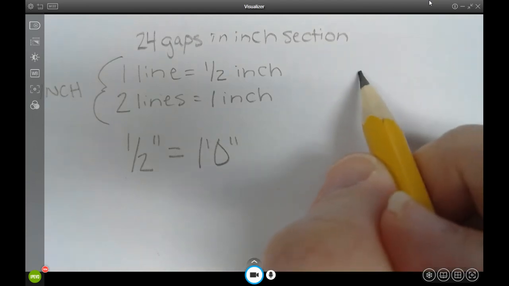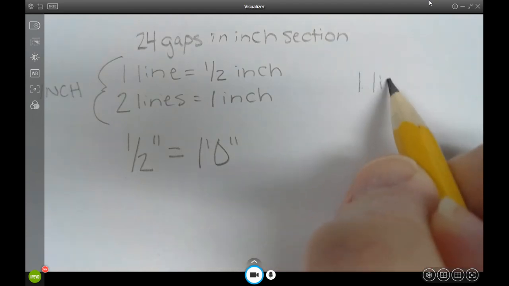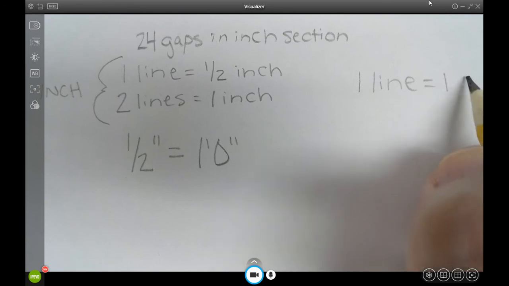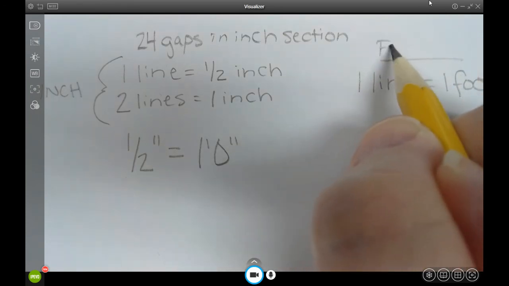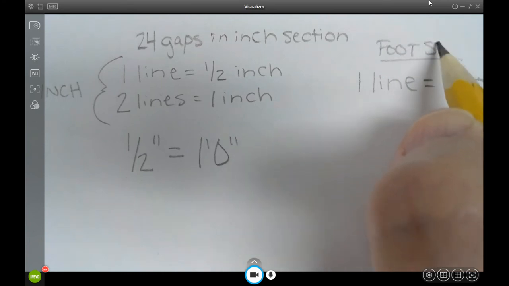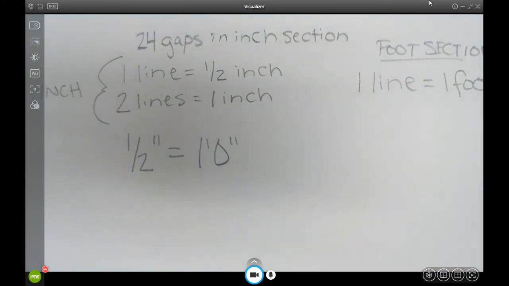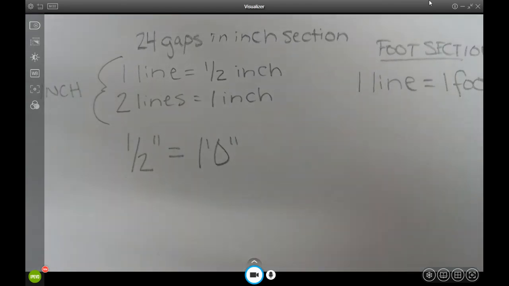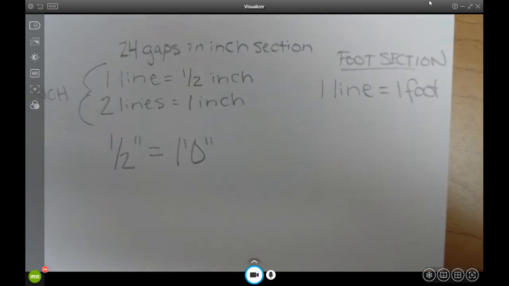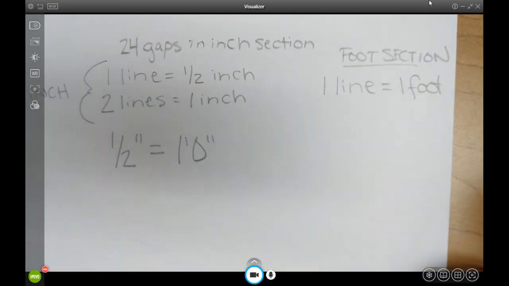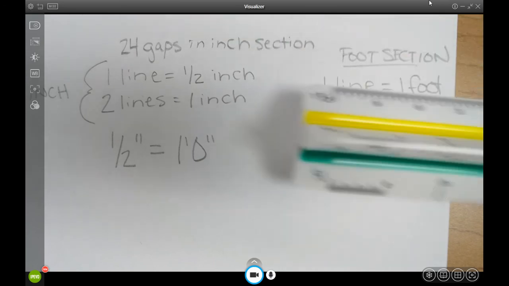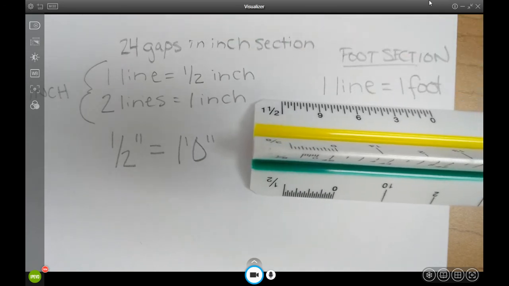So we're going to have 1 line equals 1 foot, and that's the foot section if you're labeling. Okay. Oops, I'm cut off again. There we go. Okay. So that is your 1/2 inch scale.